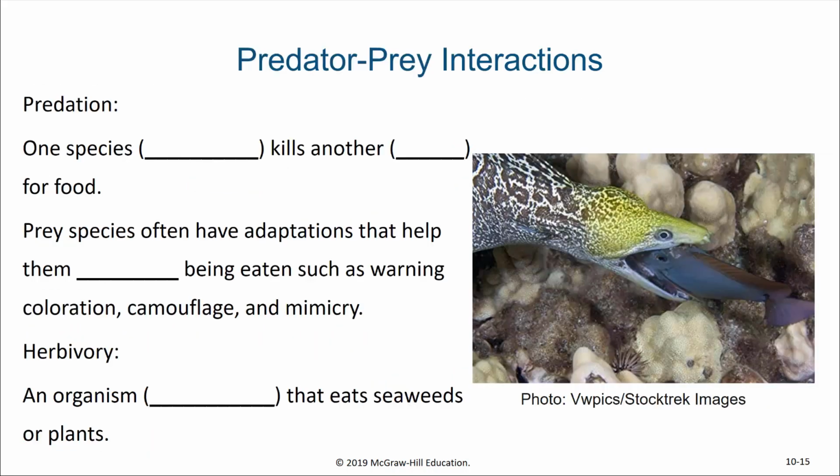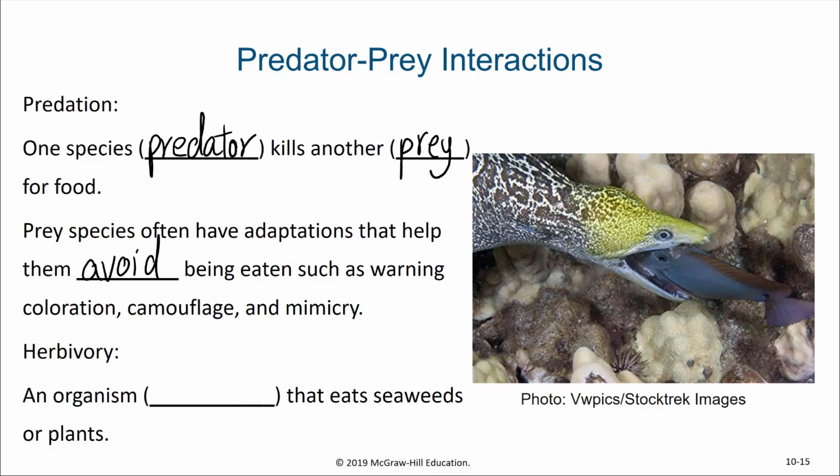Predation is entirely different. In predation, it's the predator who benefits at the expense of the prey. In predation, one species, the predator, kills another, the prey, for food. Prey species often have adaptations that help them to avoid being eaten, such as warning coloration, camouflage, or mimicry.